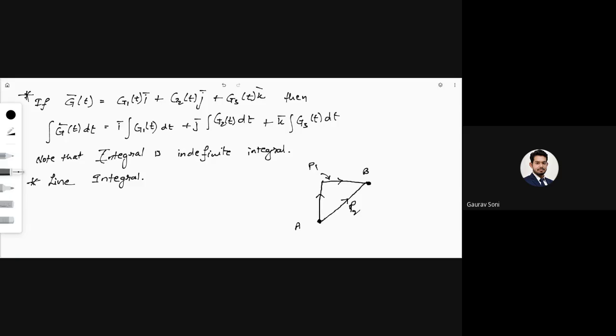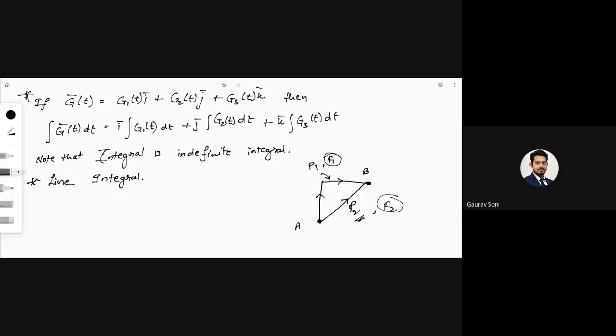So I will need some force to move an object from the point A to the point B. If F1 is the force required to move the object from A to B along the path P1, and F2 is the force required to move the object from A to B through the path P2, these two are going to be different, of course, unless the vector field is conservative. I said in the previous lecture that when the work done in moving an object is independent of the path, it is called conservative.